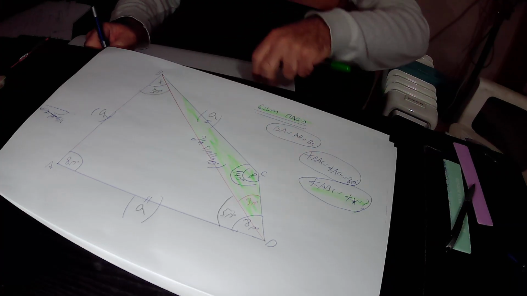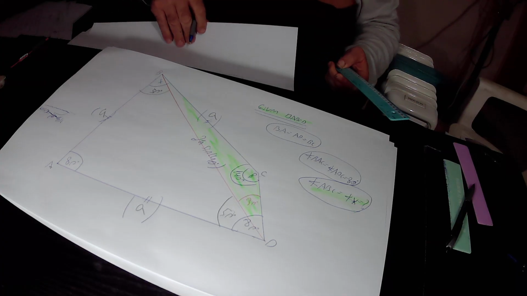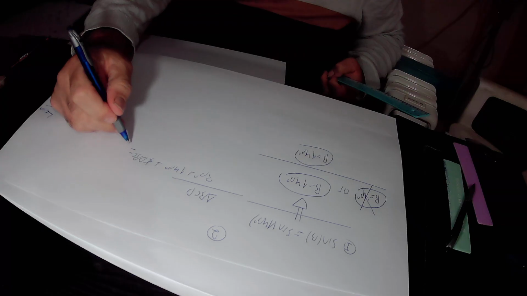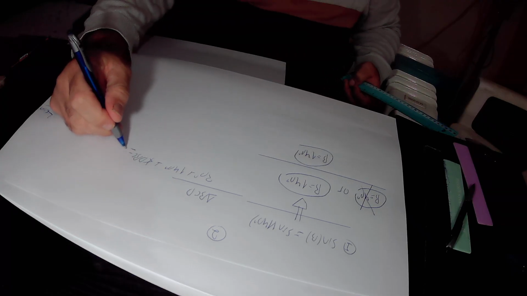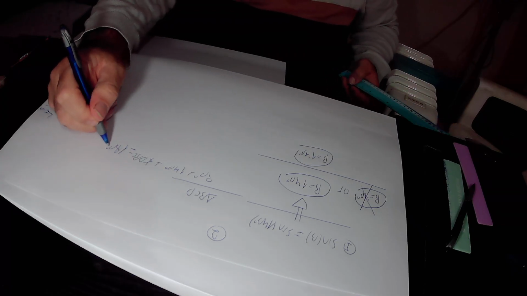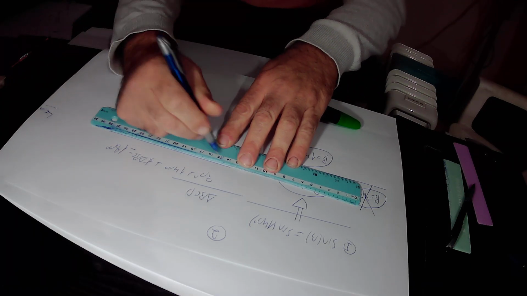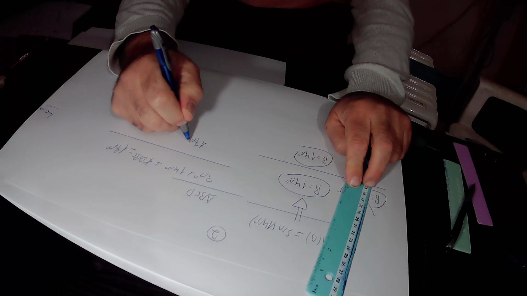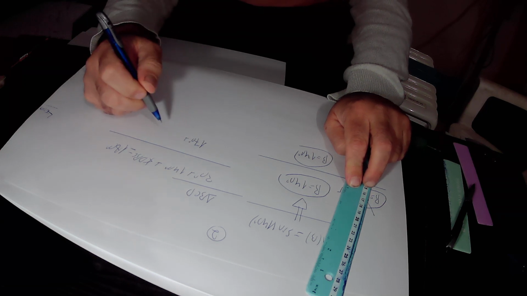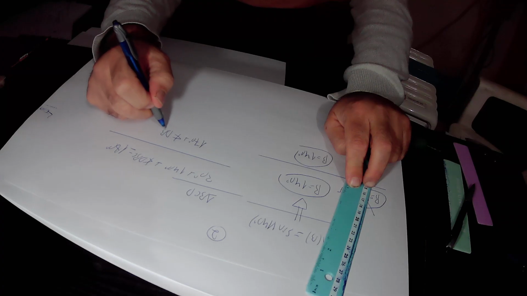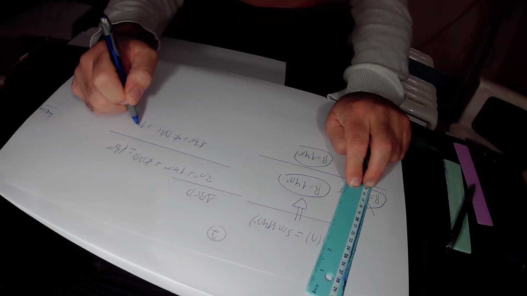In total, the sum of those angles must be equal to 180 degrees, according to the rule that says that the sum of the angles in any triangle is equal to 180 degrees. 30 degrees plus 140 degrees is 170 degrees, plus the third missing angle, the angle DBC, in total must be equal to 180 degrees.